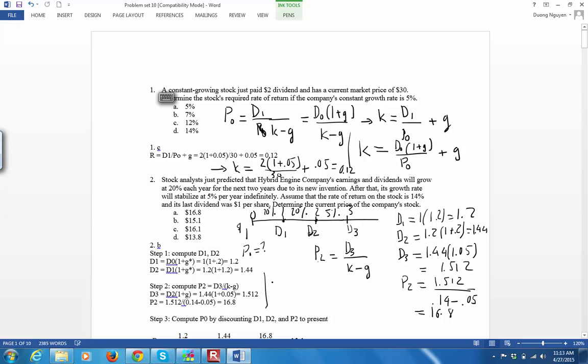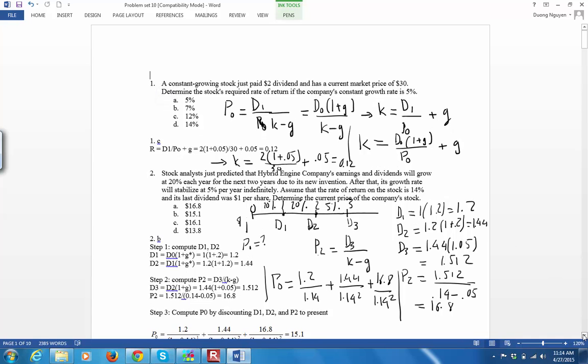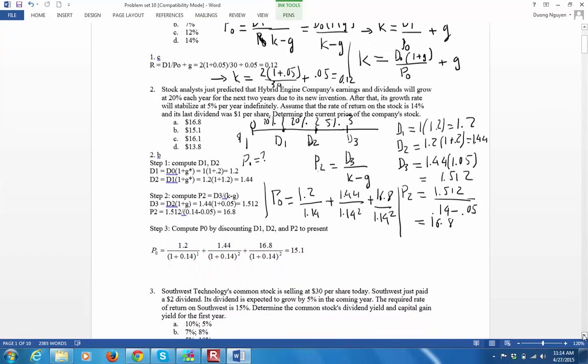P0 is the present value of D1, which is 1.2 over 1.14, plus the present value of D2, which is 1.44 over 1.14 squared, plus the present value of the price in year 2, which is 16.8 over 1.14 to the power 2, because it is in the second year. And the answer is 15.1.